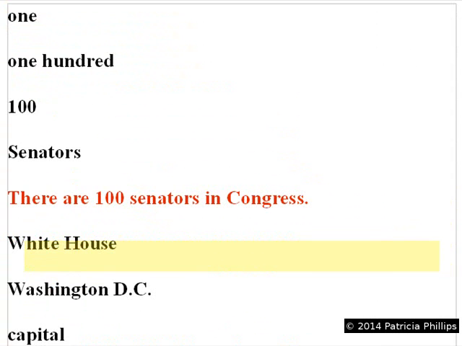Okay. Here are the next set of words. 1, 100, 100 senators. Let's use these words in a sentence. There are 100 senators in Congress. Good.